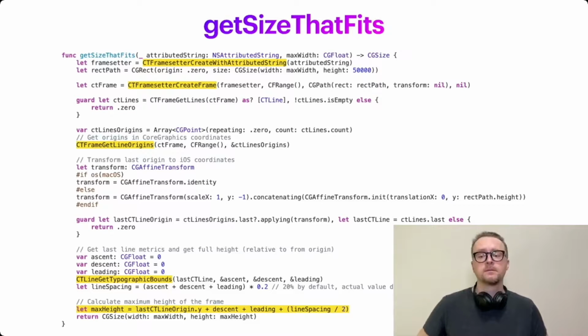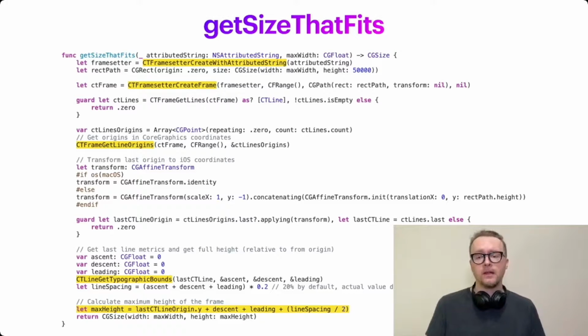The function I use is this one, getSizeThatFits. And this function can be used by the label as well. So what's going on here, I use the knowledge I just learned, and I use the framesetter, and I say, okay, my shape is huge, it's very tall.